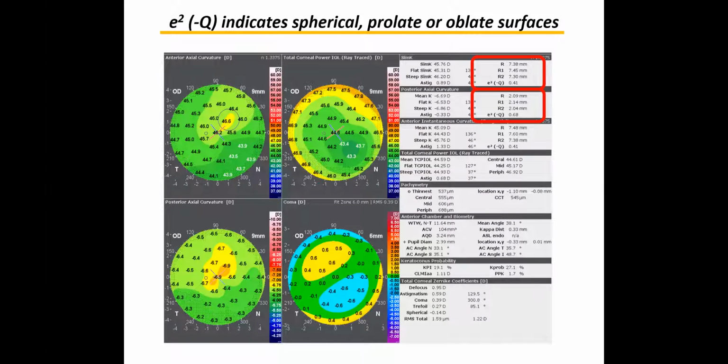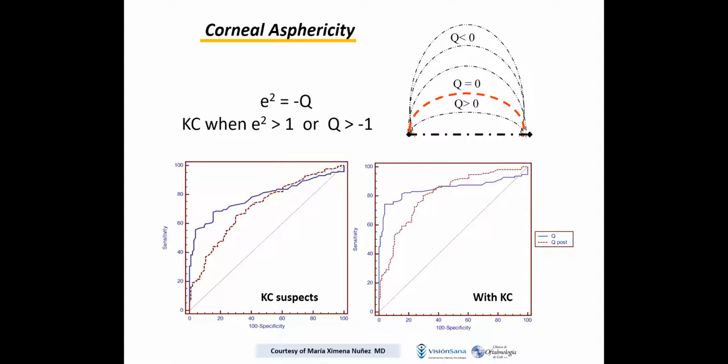Epsilon square or asphericity Q factor, which in Galilei is measured at 8 millimeters on the anterior and the posterior surface, has ROC curves that are relatively good, okay?